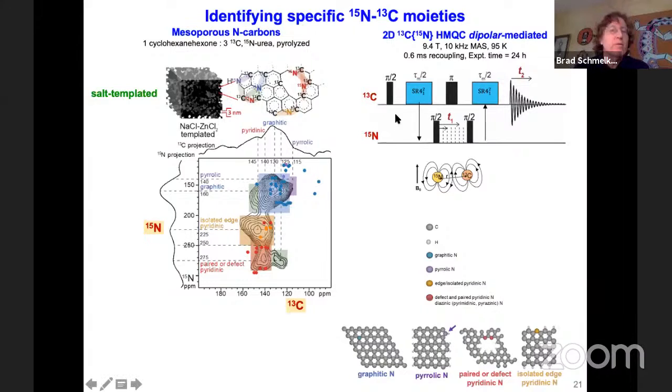So we're using a similar type of experiment to what is used by the protein community, and now overlaying those DFT calculations with the two-dimensional NMR spectrum that I just showed. And what you see is, we think, a gratifying resolution. We see the graphitic nitrogen carbon signals are right on top of this main peak. We see some evidence of some of these others that don't fall in that intensity.